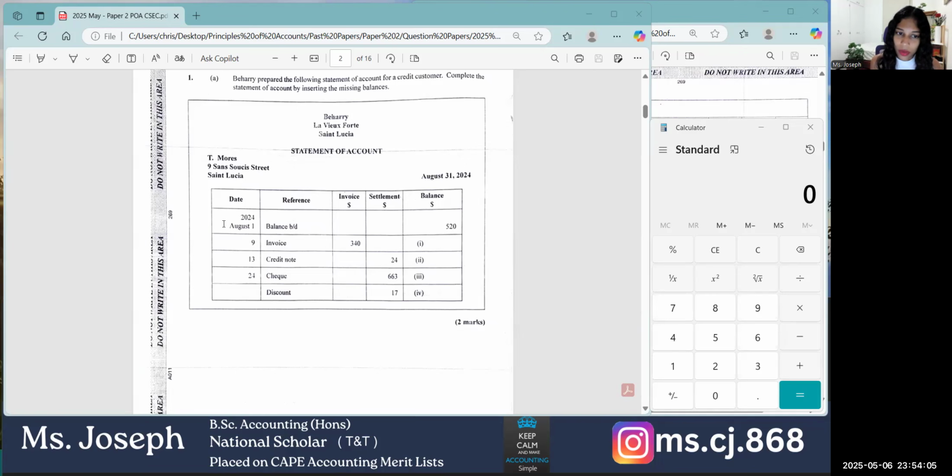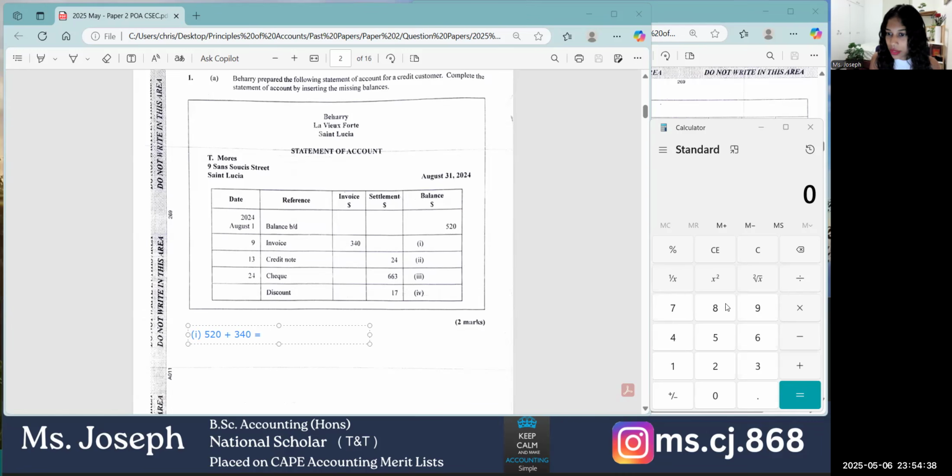At the beginning of August, we had a balance brought down on this accounts receivable, TMOS, of $520, meaning he owed us that money from credit sales. On the 9th of August, there was an invoice to TMOS for $340. So for part 1, we're going to say 520, what he owed us before, plus 340, right?